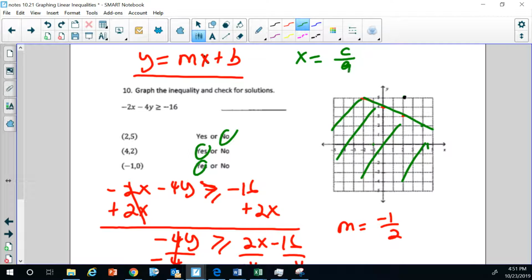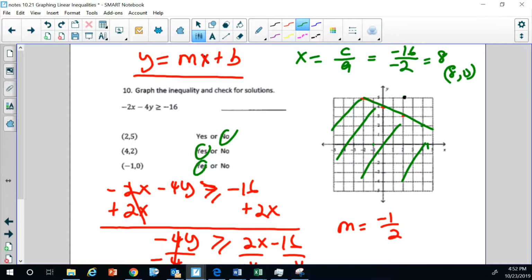In this case, my c is negative 16 and my a is negative 2. That's going to give me 8, so my x-intercept is (8, 0). I'm seeing an issue because my graph doesn't go to 8, but we can work with it.